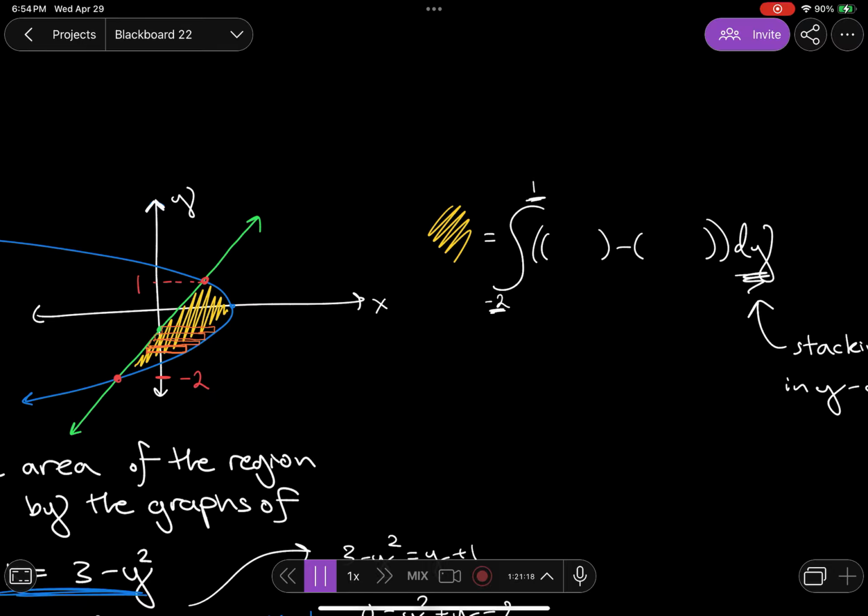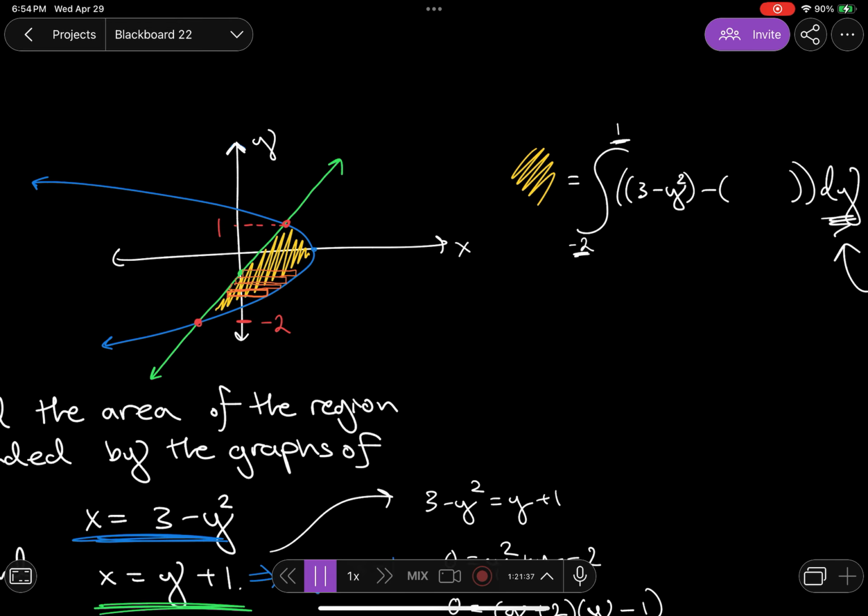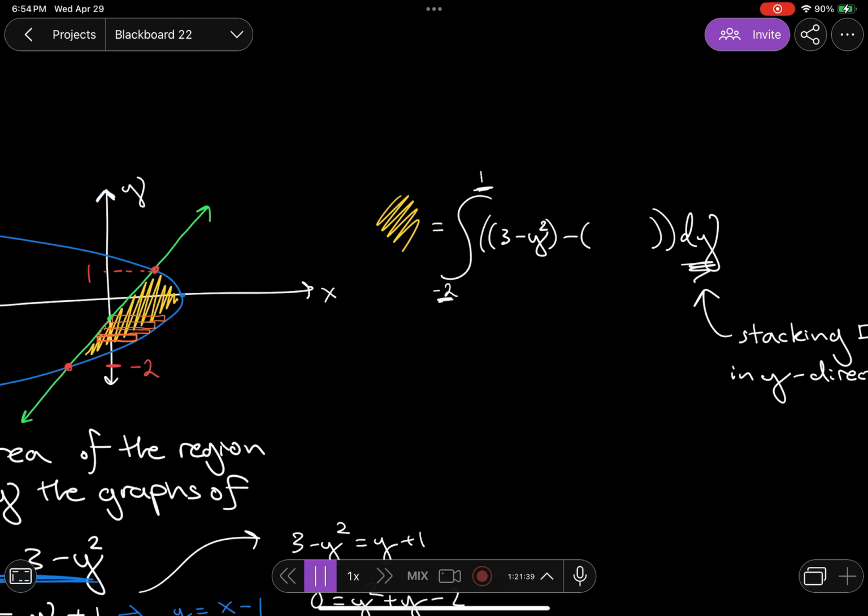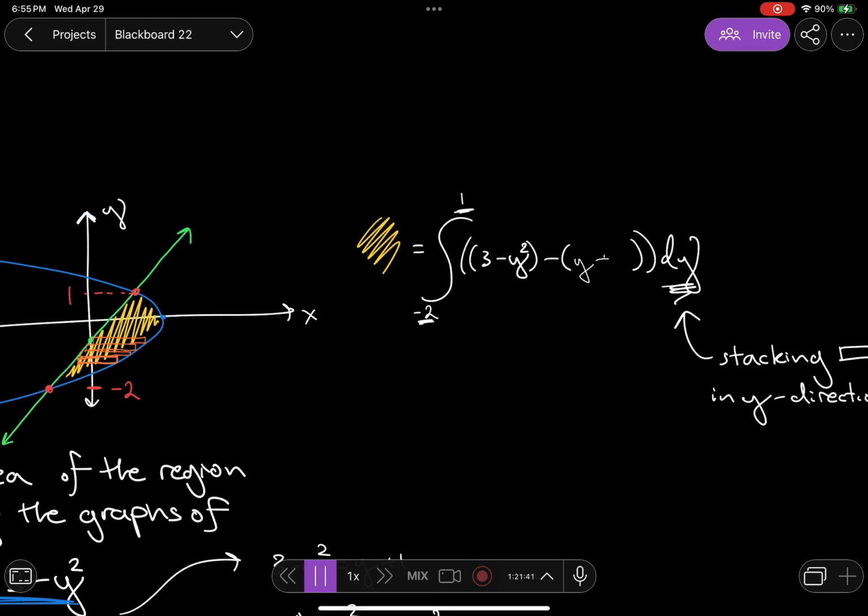What I want to write first is the one that's more to the right, or the more positive in the x direction. That is going to be this blue function, which is my 3 minus y squared. And then I write my green function, which is y plus 1.